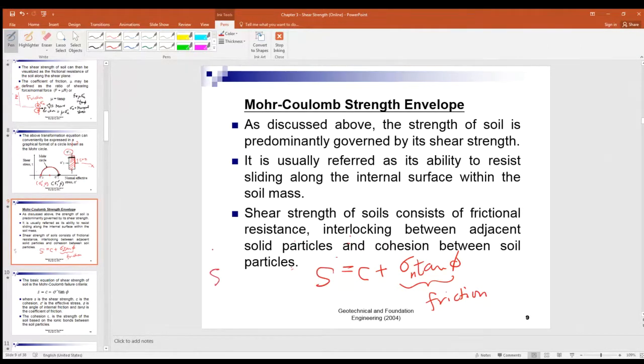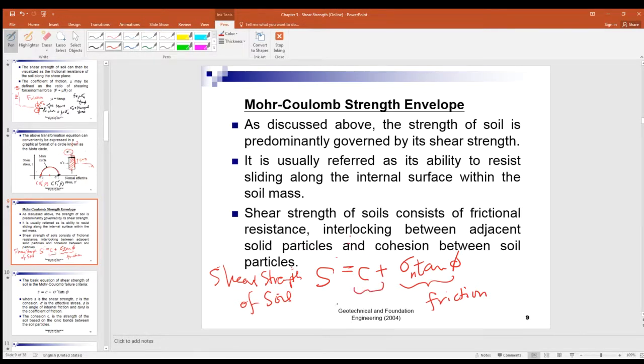The shear strength of soil, S, consists of two parts. We have talked about the friction.